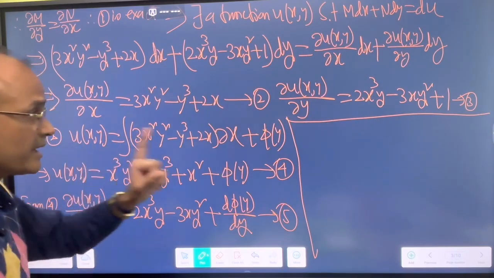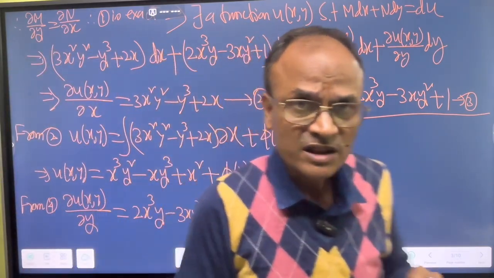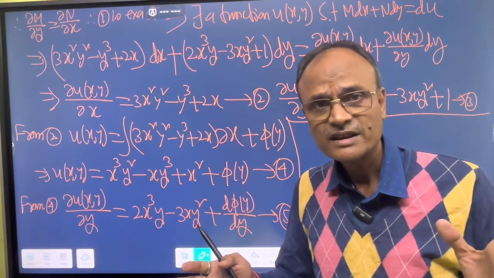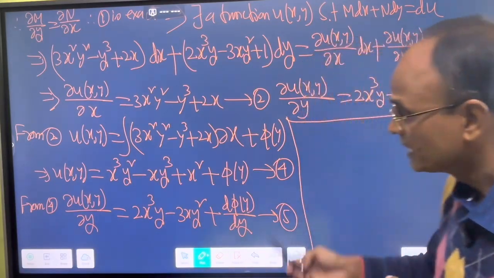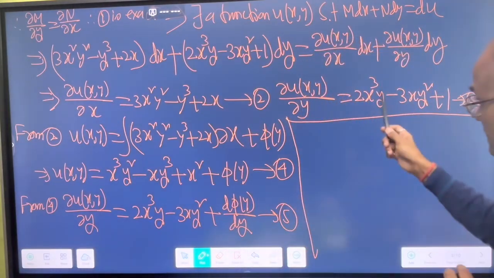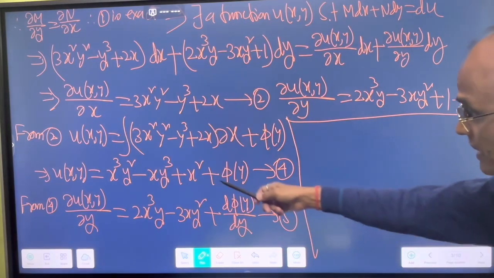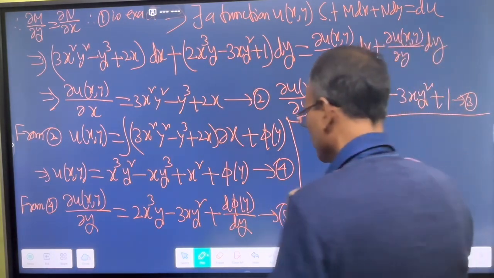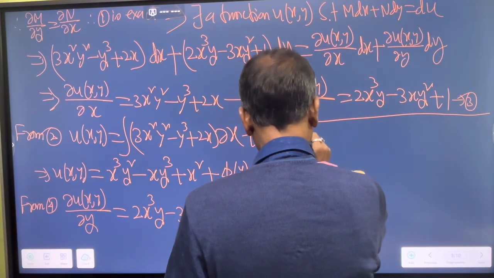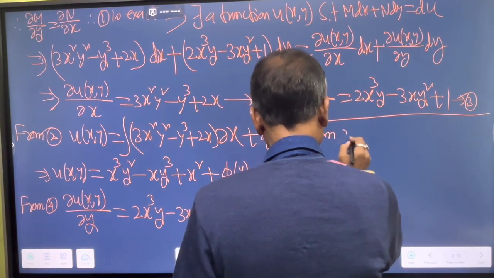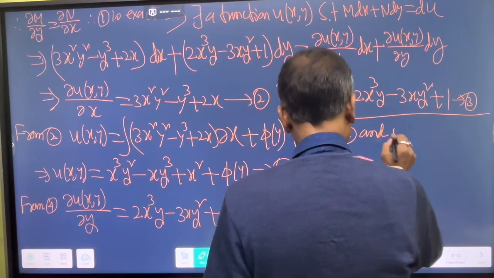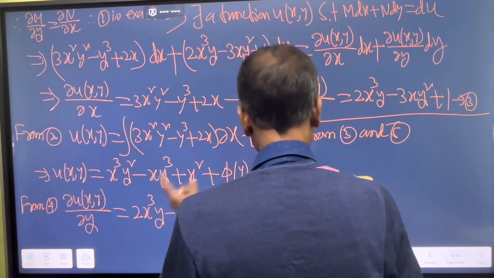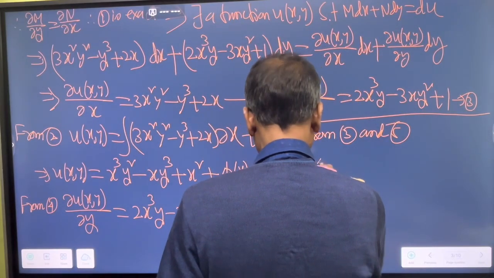Now, you see number 3 and number 5. In 3, del u by del y, and in number 5, del u by del y. These two terms will be same. Therefore, from 3 and 5, left hand sides are equal, so right hand sides will also be equal.